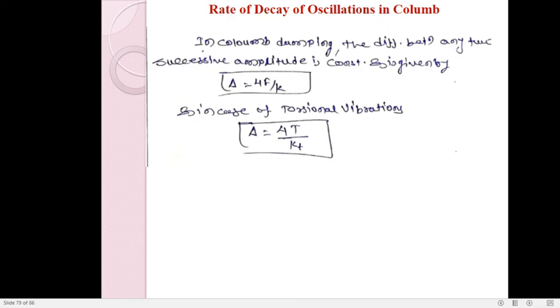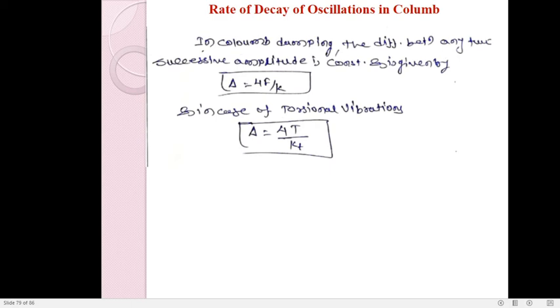And if it is a case of Coulomb damping or dry friction damping, then we use the capital delta is equal to 4f upon k. If it is a case of torsional vibration, then capital delta is equal to 4T upon Kt.